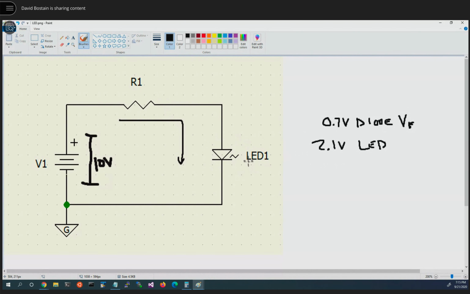This is a nominal value for just an average LED, but I happen to know for particular ones there are different limits on them. The other thing we were given is a current to use in the circuit when it's an LED. Now, if we were using a diode, we would have to either deduce that or find out what that is some other way.